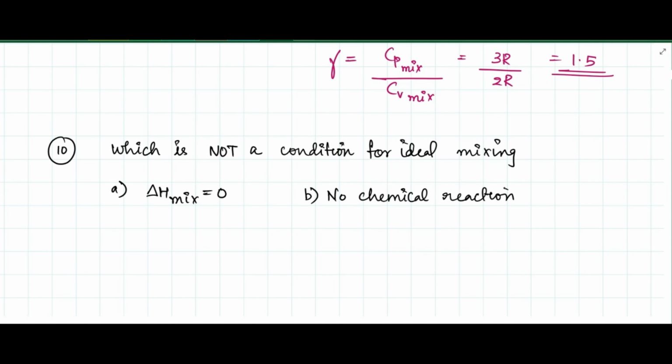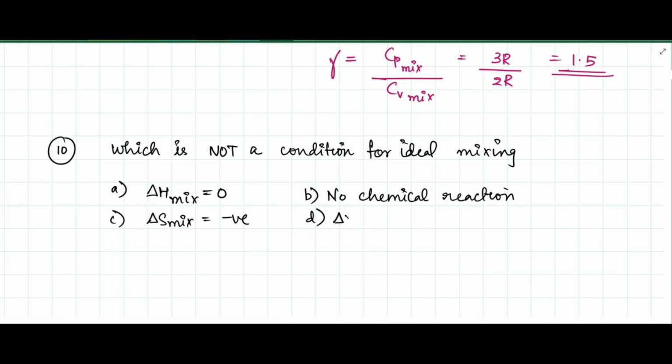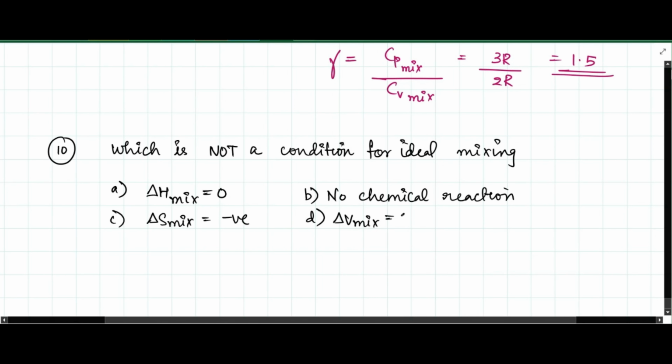Option C, delta S mix is negative. Option D, delta E mix is equal to 0. Which is incorrect? Delta S mix will be positive. Option C.